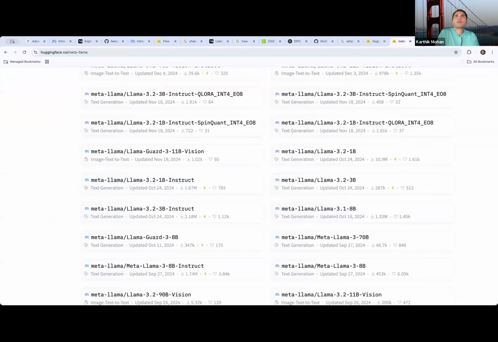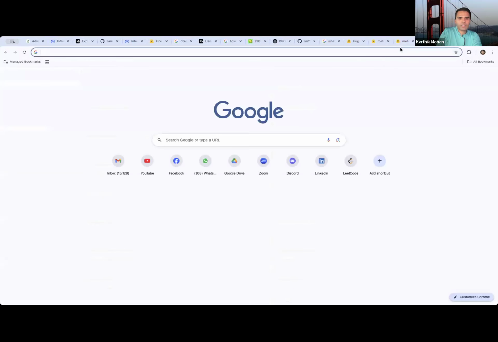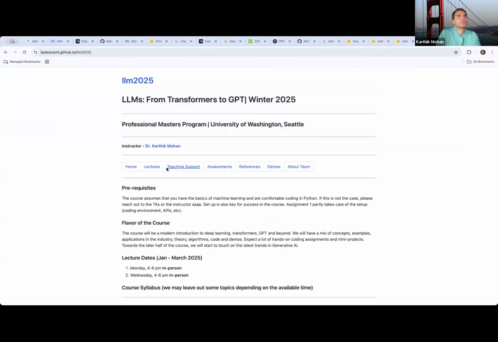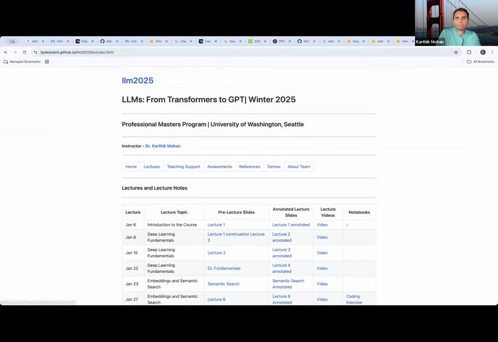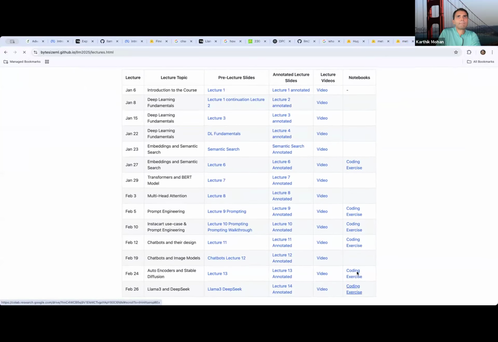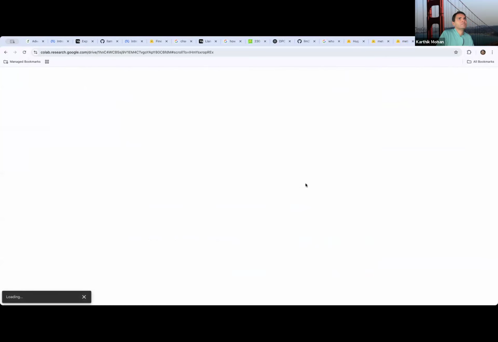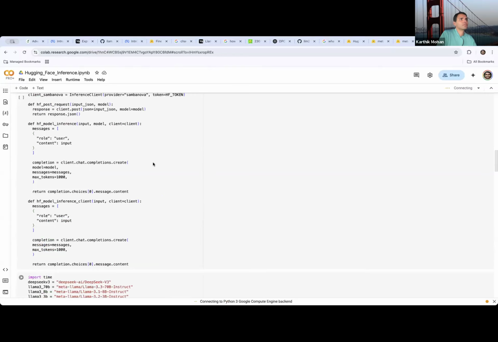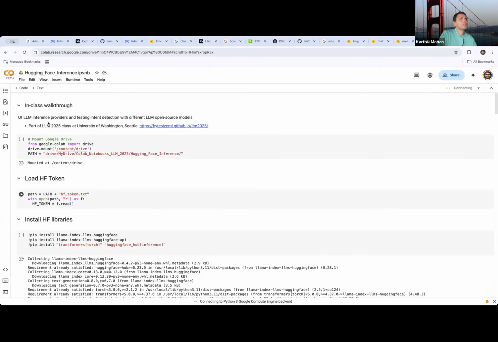Okay, let's go to the Colab notebook. So this is loading, just making sure the path is right and the correct drive is mounted.